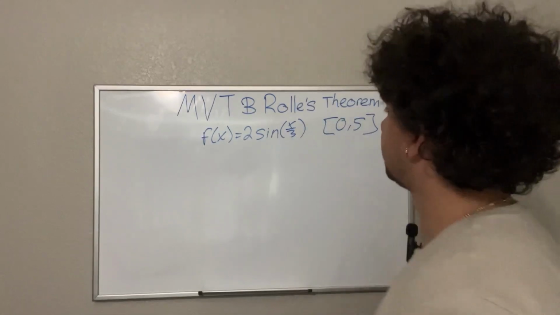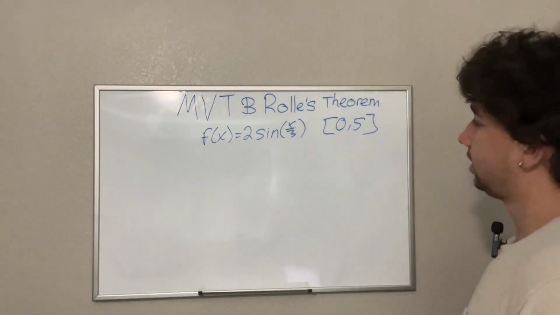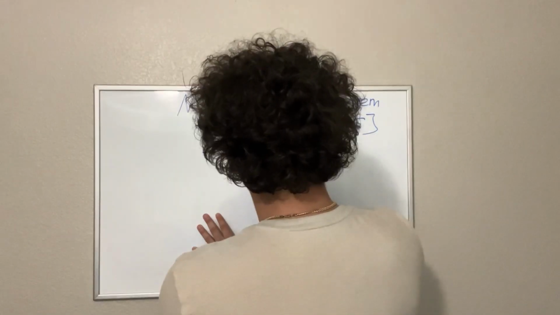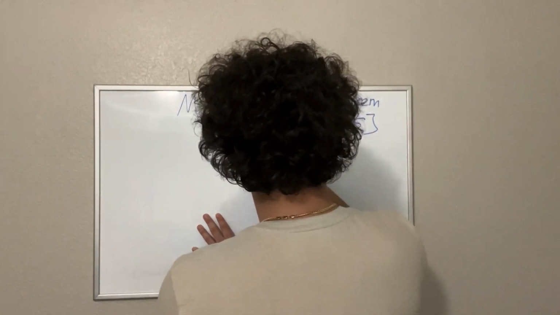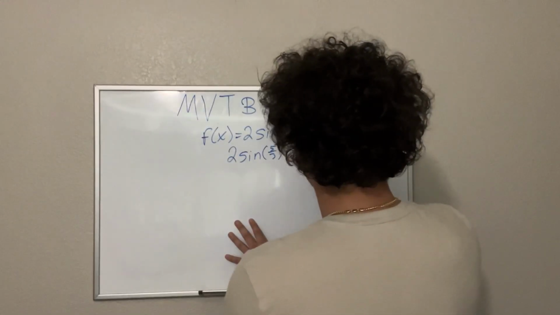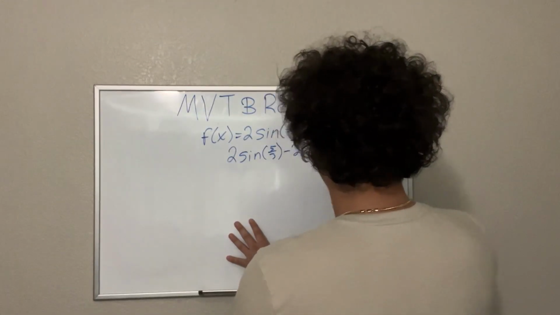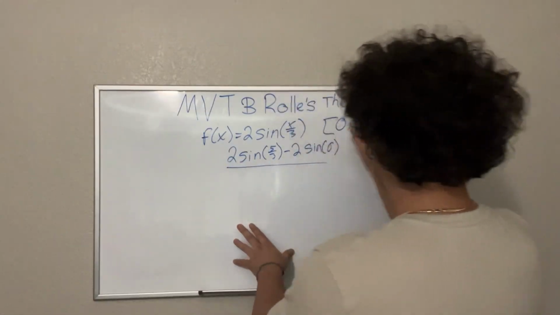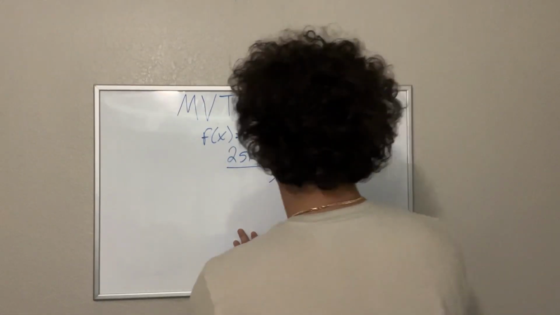Well, let me find the average rate of change first. In this case, it's going to be 2 sine of 5 over 3 minus 2 sine of 0 over 3, over 5 minus 0, which ends up just being 5.